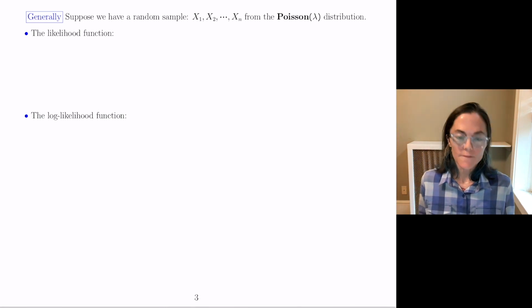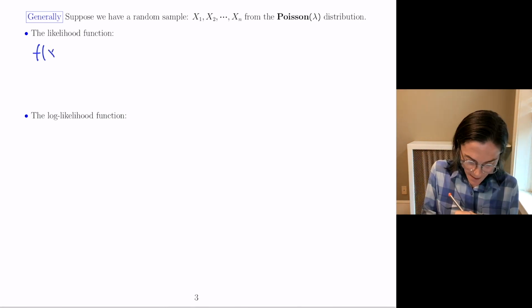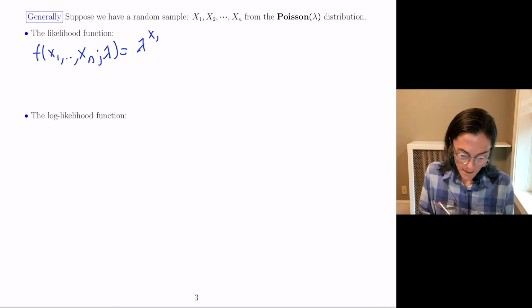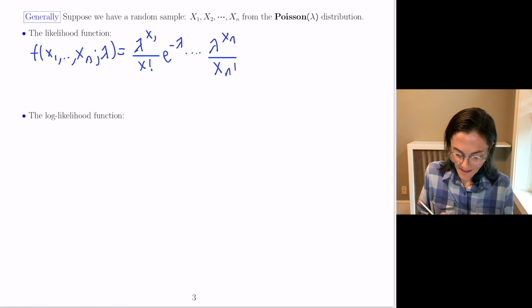Well, the likelihood function, f of x1 to xn, is lambda to the x1 divided by x1 factorial, e to the minus lambda, out to lambda to the xn over xn factorial, and then e to the minus lambda.